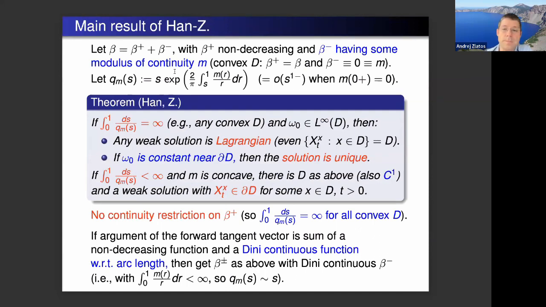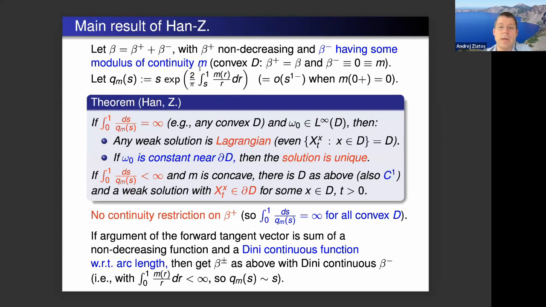Okay, so what's the result now? We take these moduli of continuity. We take some β plus, and β minus has some modulus of continuity, and create this complicated function here. Now, it's actually not that complicated because for most moduli that you ever see, this is just more or less constant times s. So it's just a linear function.